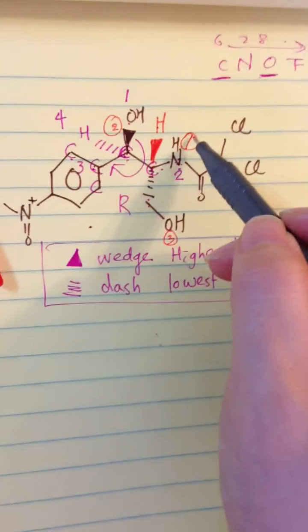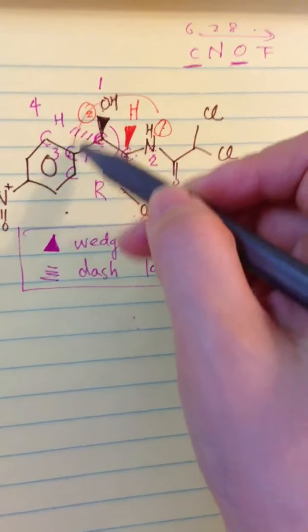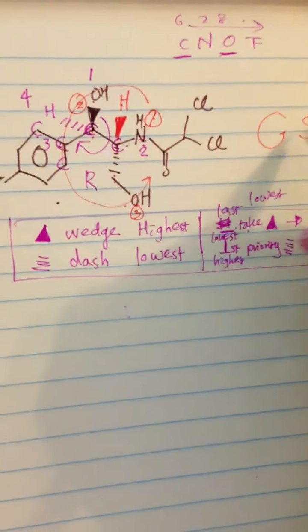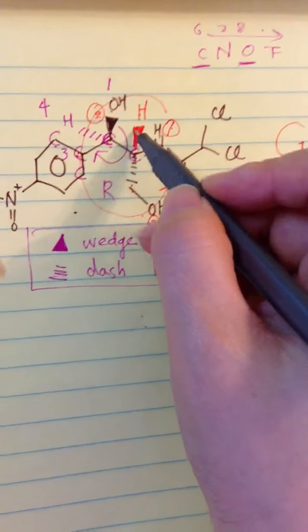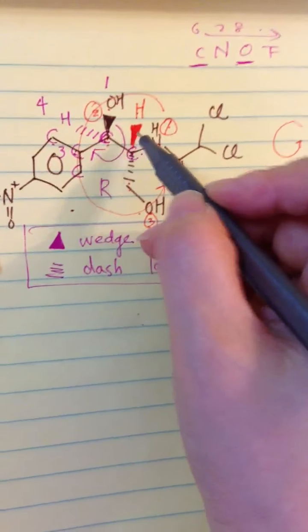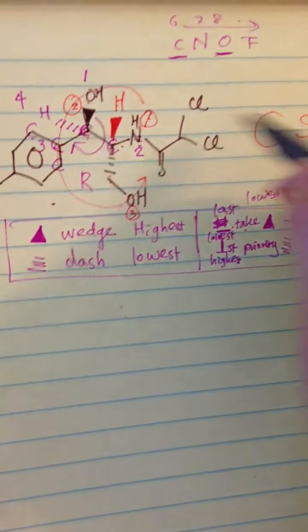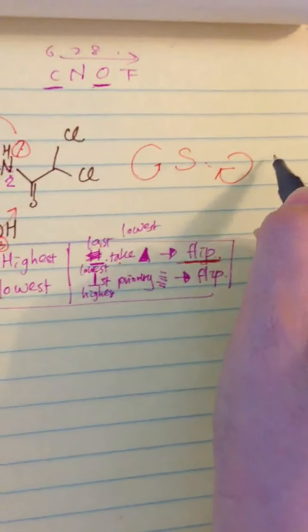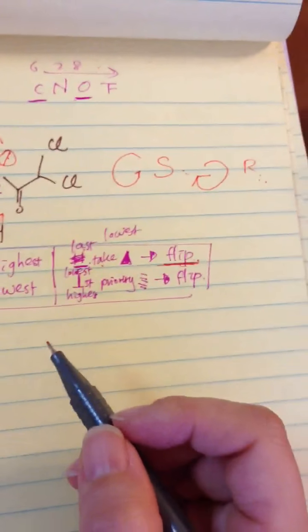So this is the case. Even though structure-wise 1, 2, 3 looks counterclockwise, your S configuration, because of the hydrogen right here stuck in the middle, it changed the whole thing. Now you're going this way, your R configuration. That's the way I do it. Okay, hope it helps. Good luck.